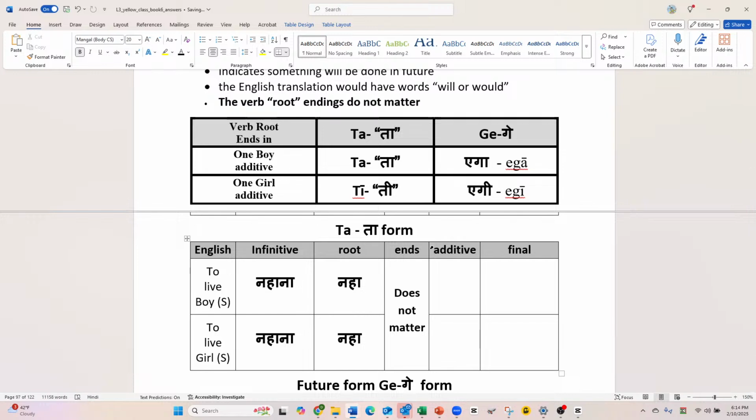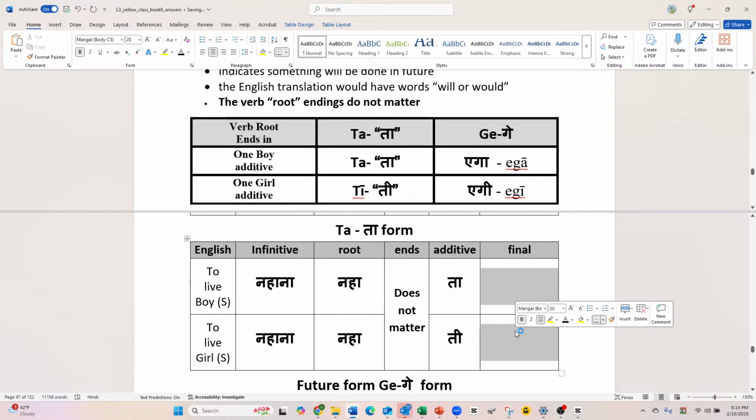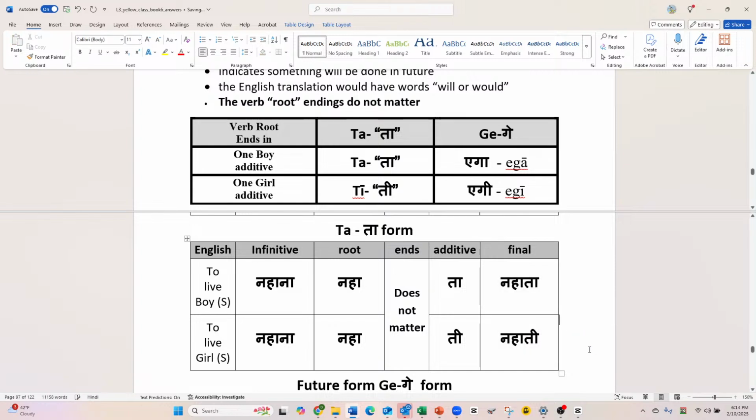Ta and ti. It's ta form, so it'll be ta and ti. Simple. You don't have to think about it. The format is called ta form, so you simply add ta and ti. Okay, so what would be the final verbs? Nahata and nahati. Okay, nahata and nahati.